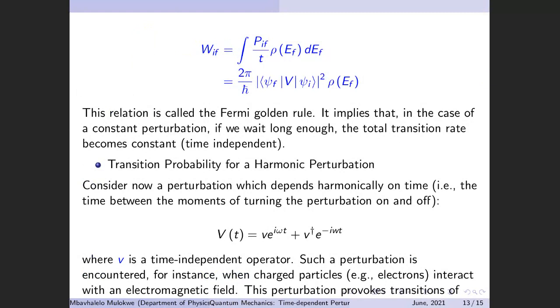you end up with this, and this is also called the Fermi golden rule, because it's just saying that if you started with a constant potential, then after some time, as t goes to infinity, and making use of this approximation to the Dirac delta function, your transition rate becomes constant in time, so it becomes time independent.